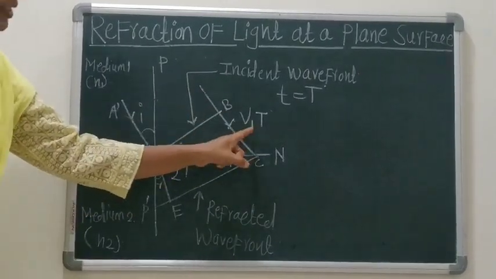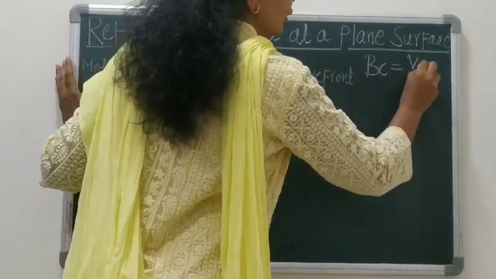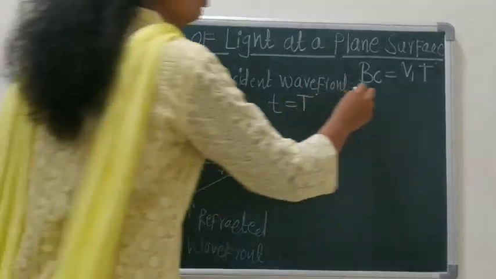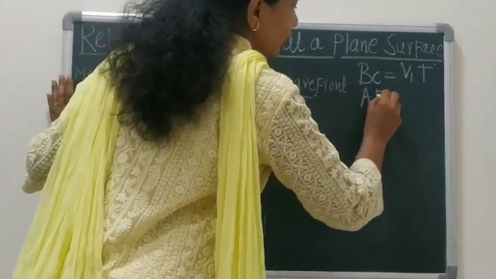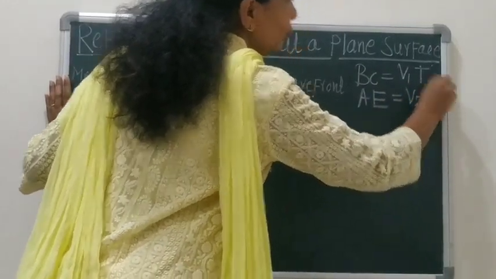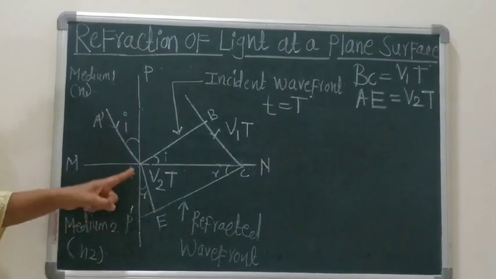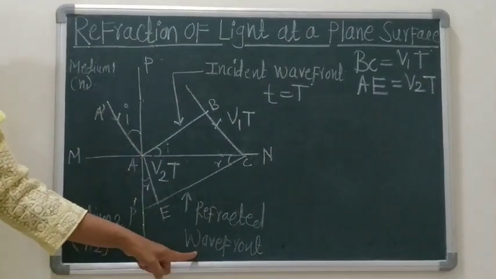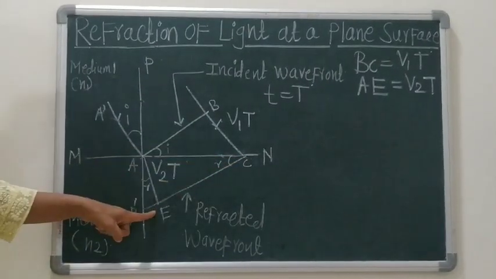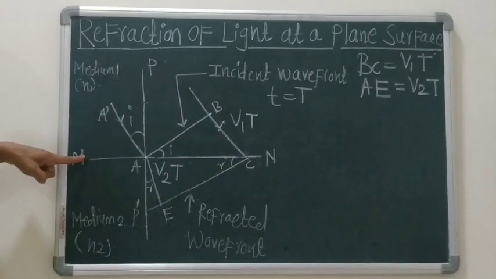Therefore distance BC is equal to V1 into T, then AE, the secondary wavelets, covers the distance V2 into T. Then this refracted wavefront is shown by EC, which is a tangent to the secondary waves.